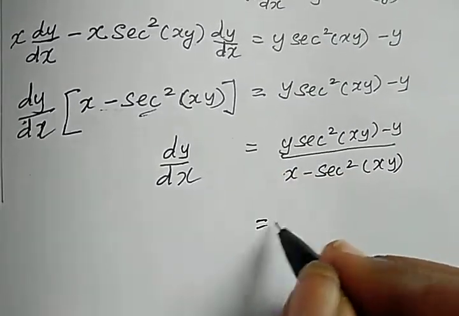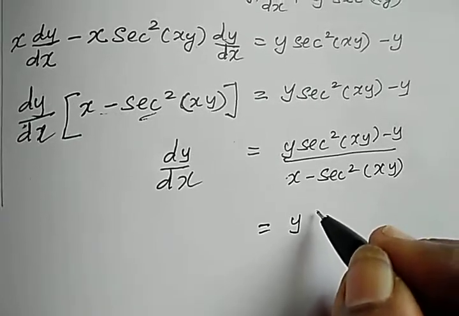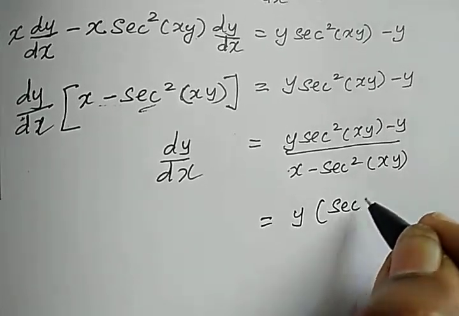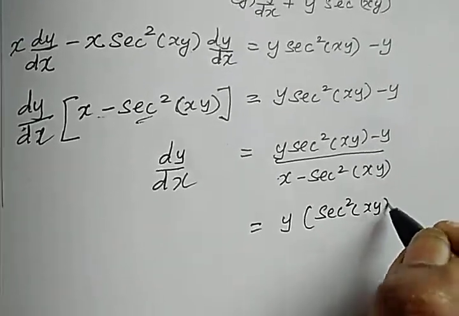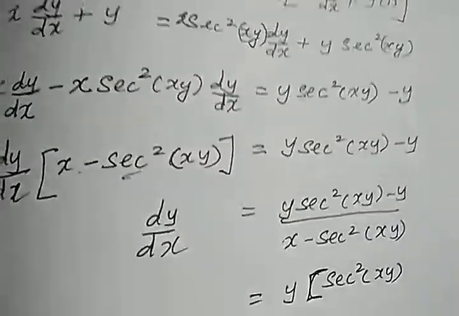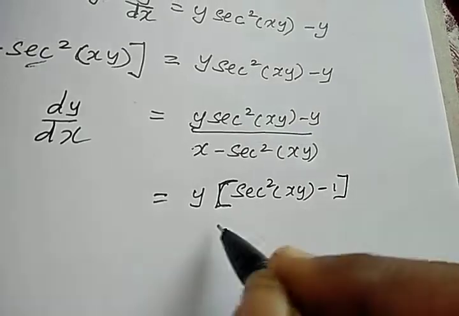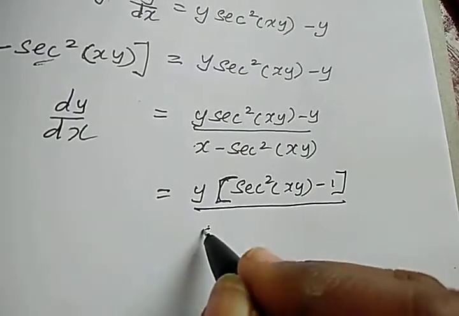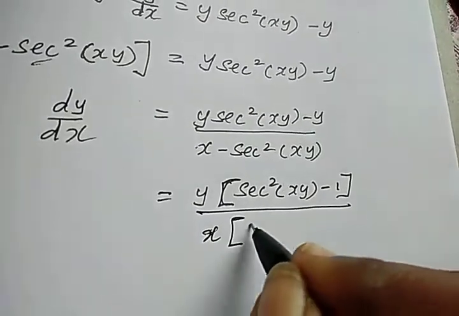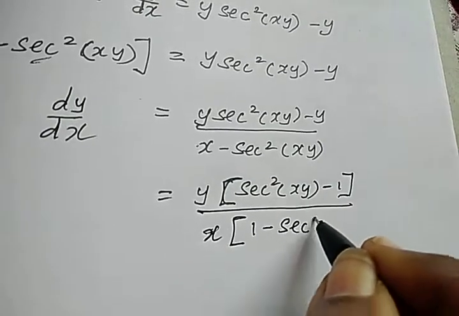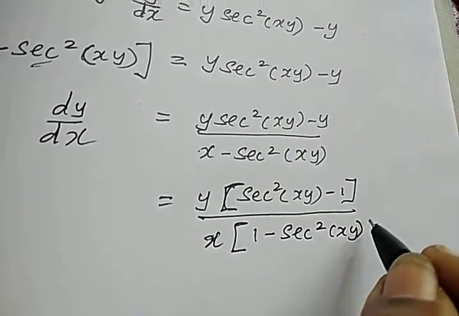Now take y outside. The remaining will be secant squared xy minus 1, the whole divided by, taking x common outside, 1 minus secant squared xy.